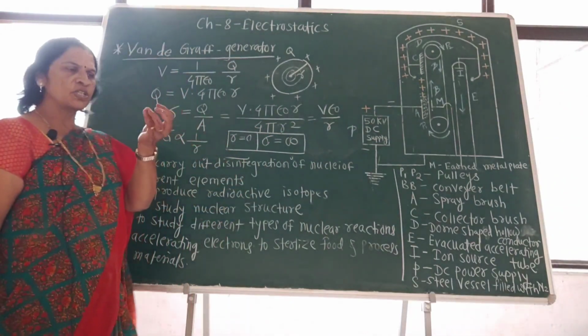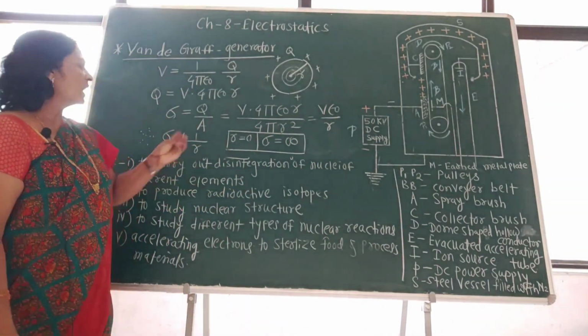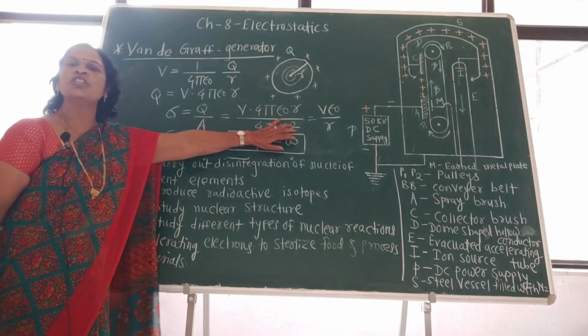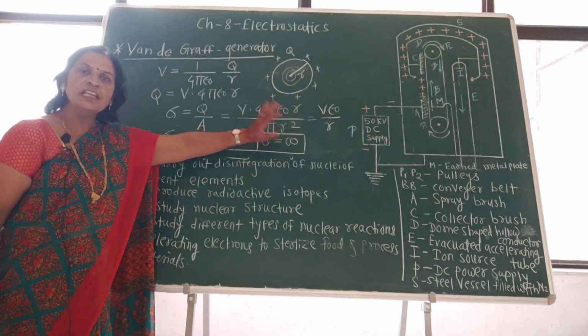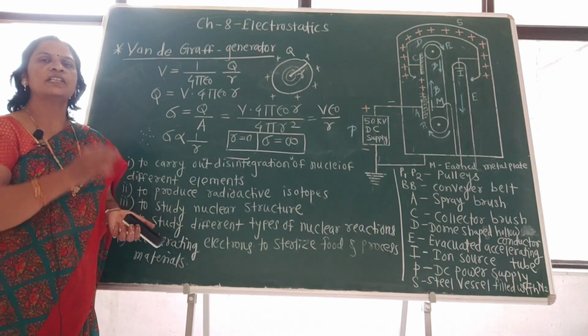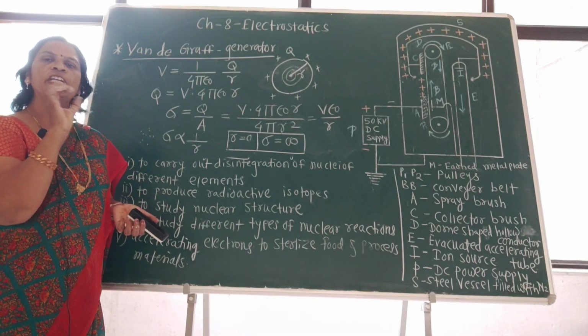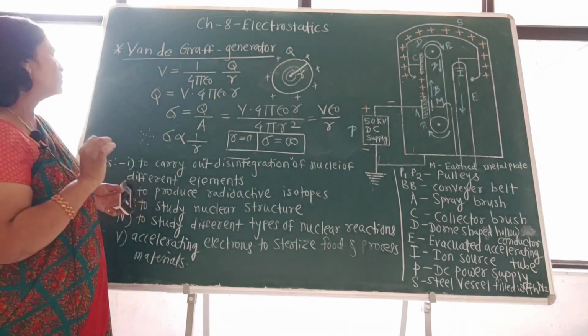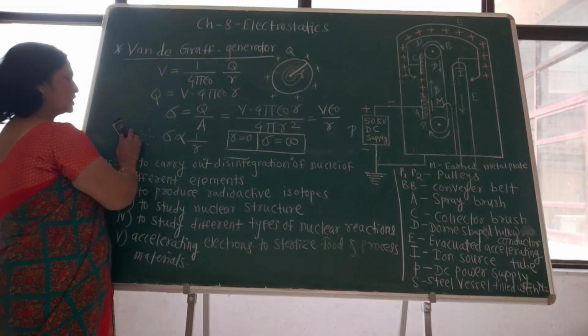That pointed conductor, the points of that wire or sharp brush, has a very large charge density.